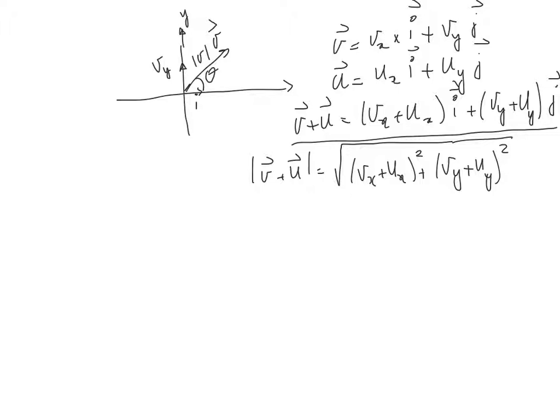If we want to find the angle between the vector v plus u and the x-axis, then we are going to use the primary trig ratio, tan theta, which is (v sub y plus u sub y) over (v sub x plus u sub x).